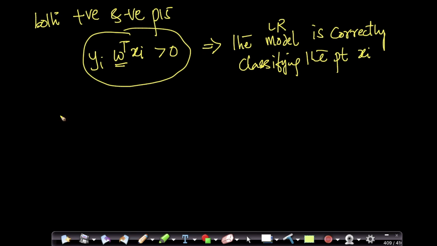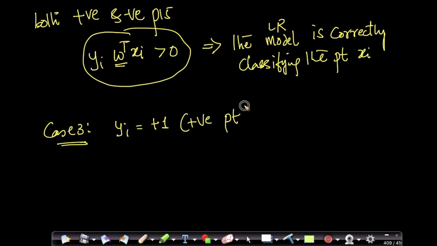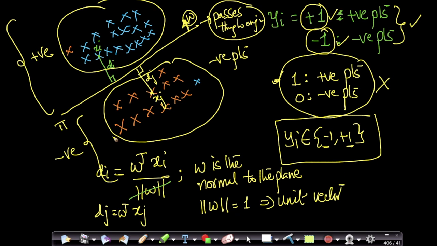Now let's take the other case, case 3. Case 3 is that yi is a positive data point, and let's assume w transpose xi is less than 0. When does that happen? Let's assume this is my xi.